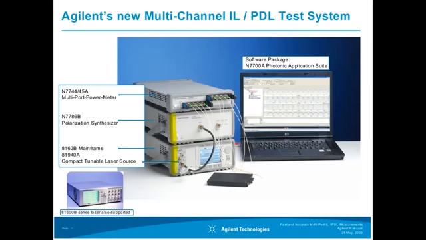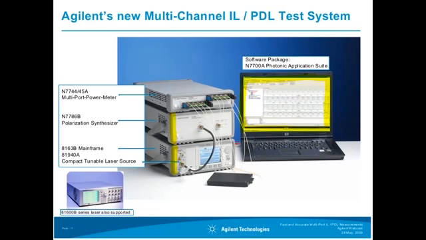It's a compact laser which can sweep continuously across the C and the L-band. All this is controlled by the computer, and the computer is running Agilent's new software package, the N7700A Photonic application suite. And this package, as we will see later on, supports you in doing all these measurements.